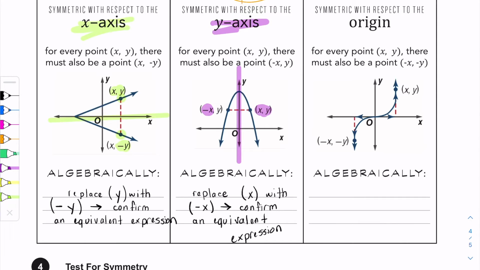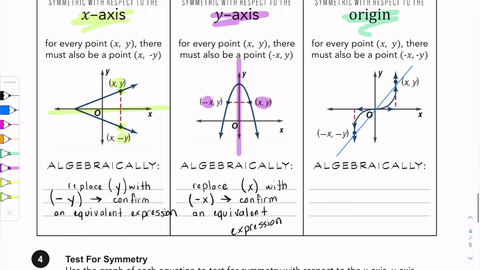And lastly, we have symmetric with respect to the origin. Symmetric with respect to the origin is when the graph flips across the line y equals x. It also appears like you rotate the graph 180 degrees, so you can think of it either way.